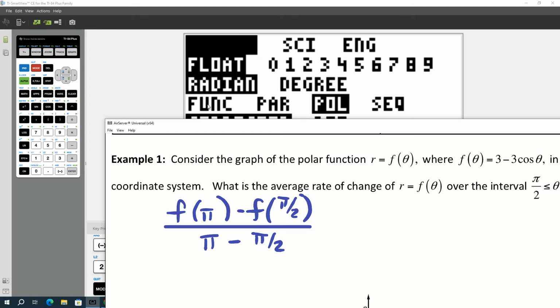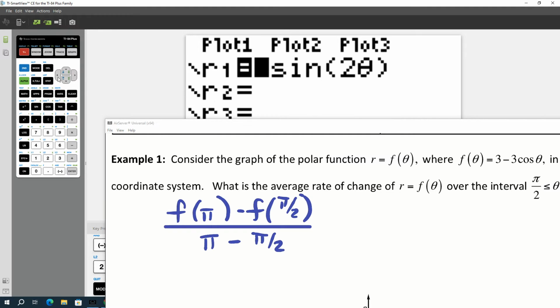We're going to go to y equals, which is going to show up as r equals if you're in polar mode. And when you're in polar mode, if you hit the X button, it shows up as theta, because X is only for function mode.